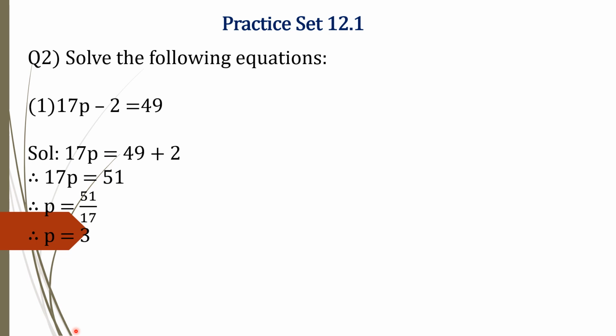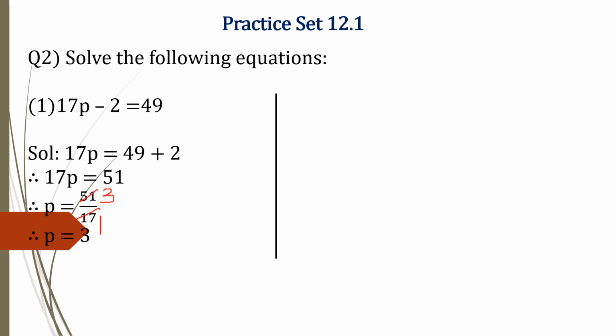You can simplify further. So you'll get the value of p is equal to 3, because as you know, 17 ones are 17 and 17 threes are 51. So you can cancel over here and then write p is equal to 3.